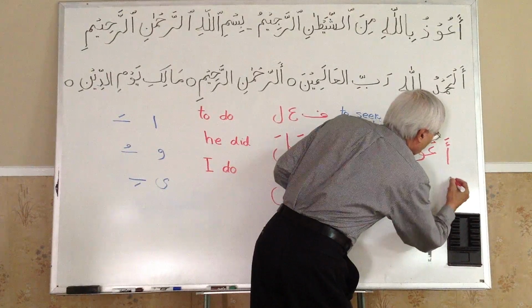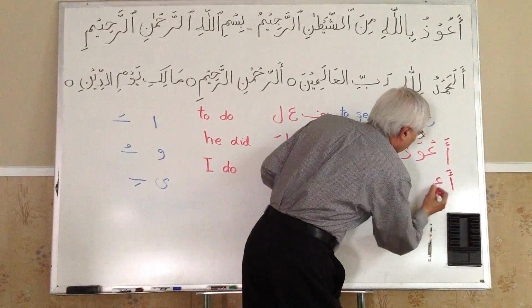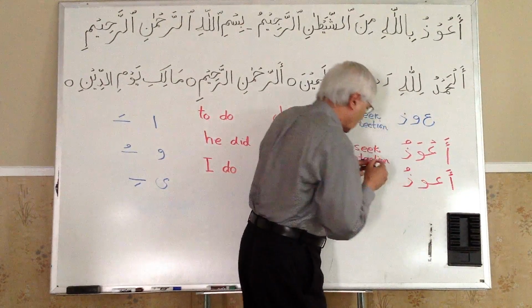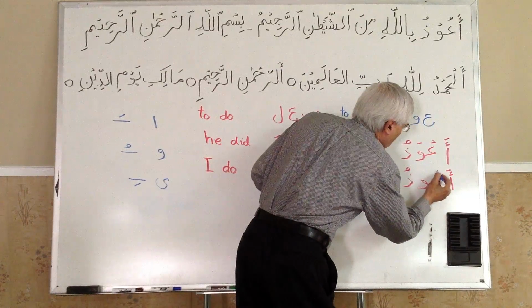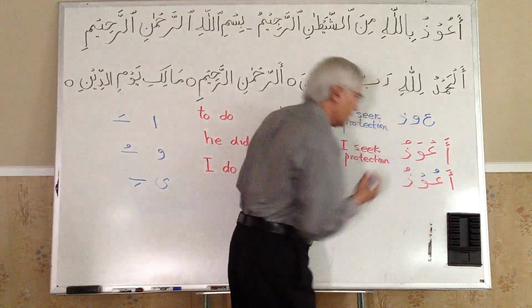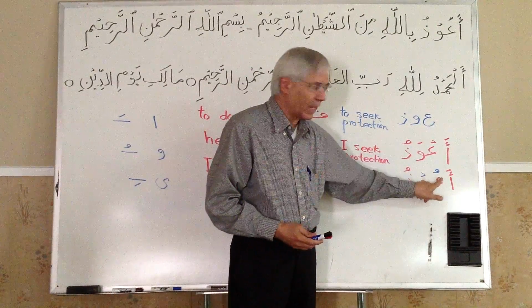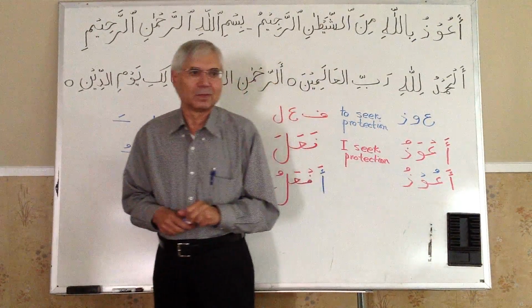We just leave this one, and on these two letters, we move the sound of these backward this way. The sound of waw we put on ain, and this sukoon we move on waw.